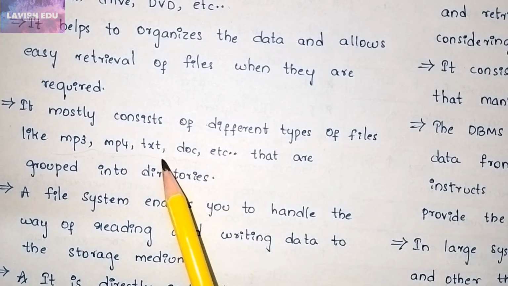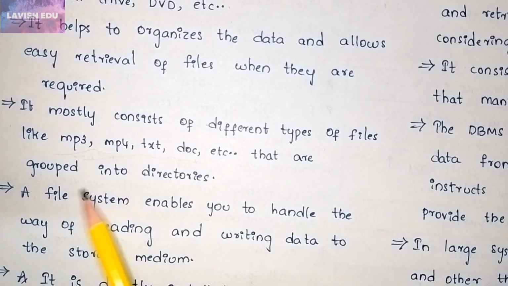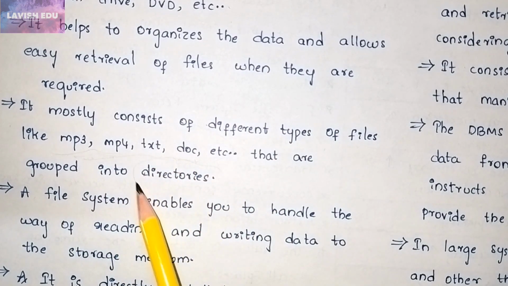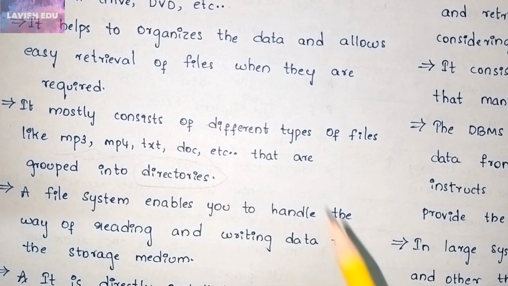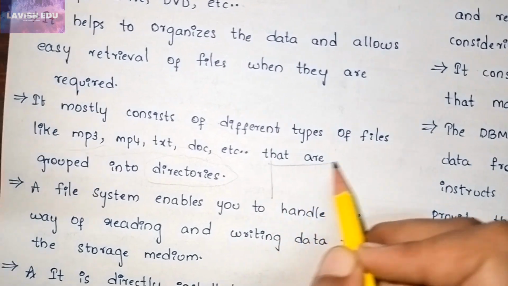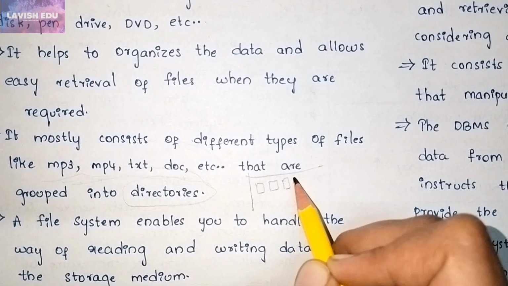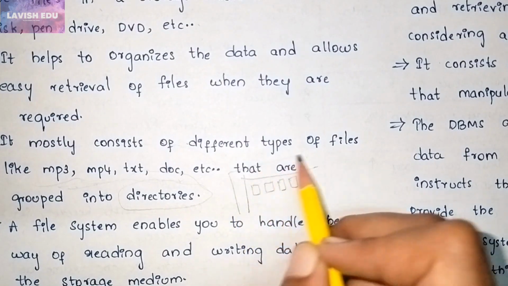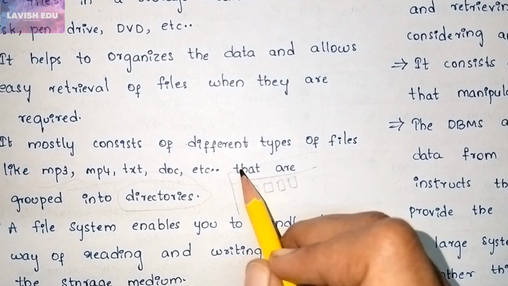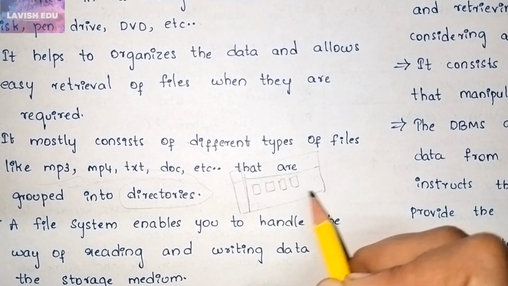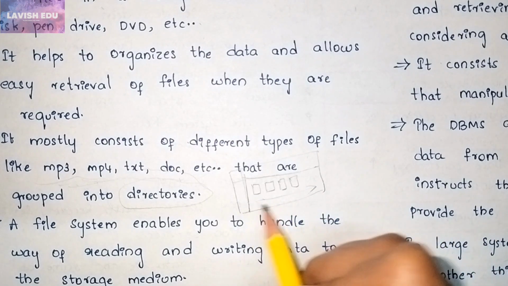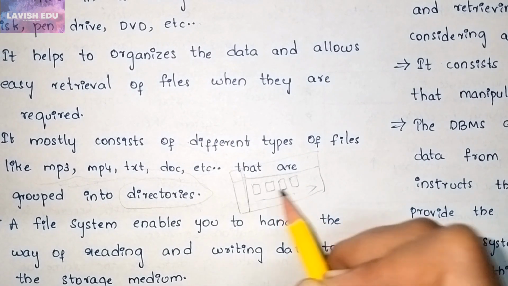Every file is stored in these formats, grouped into directories, which are nothing but folders. As we have seen in the computer, in a folder we store all the files, and in the file storage we observe this kind of interface.